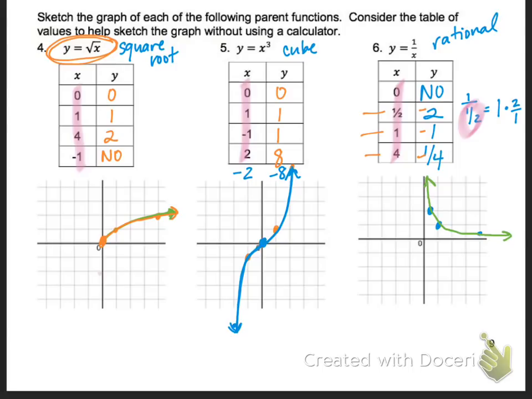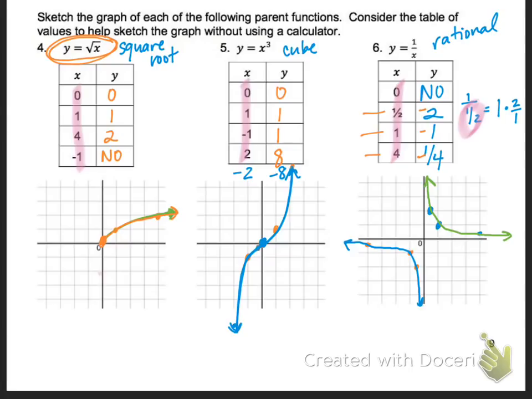So negative 1/2, negative 2, negative 1, negative 1, negative 4, negative 1/4. Does the same kind of thing. If you want to put this in your calculator, just kind of see what it looks like. Maybe you don't trust my picture, or maybe put it in Desmos because you're on your laptop right now watching the video. Just kind of look at it.